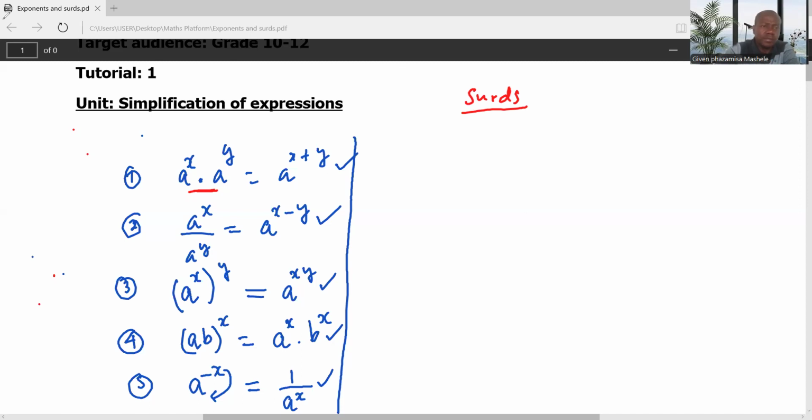Surds, which in other books they call radical expressions. When we are dealing with surds or radical expressions, those are expressions in the form of a root sign. Expressions that are in radicals, we call them surds.